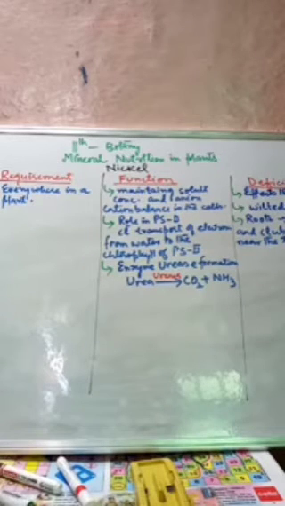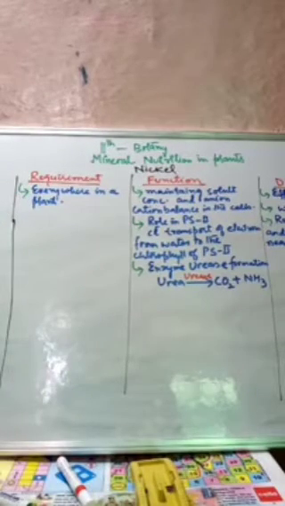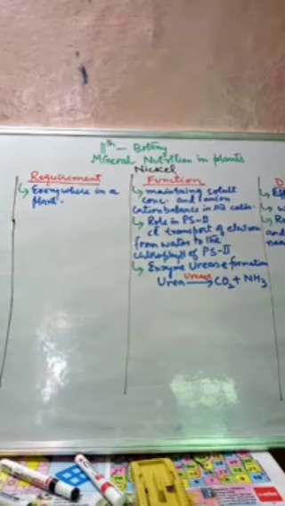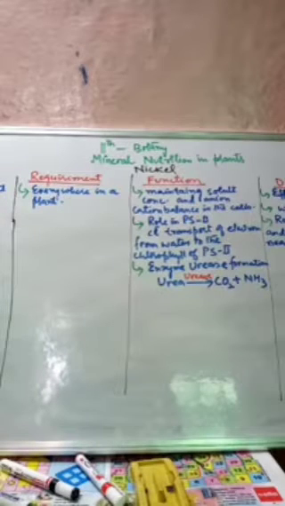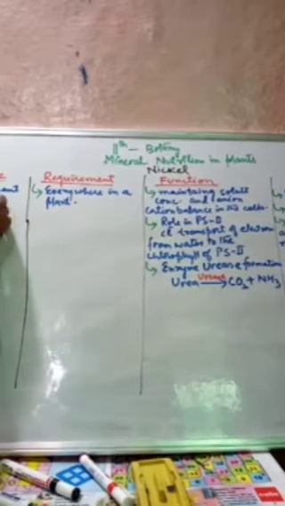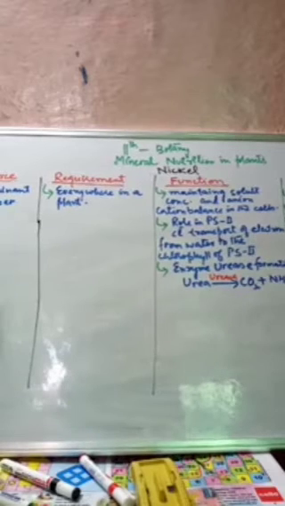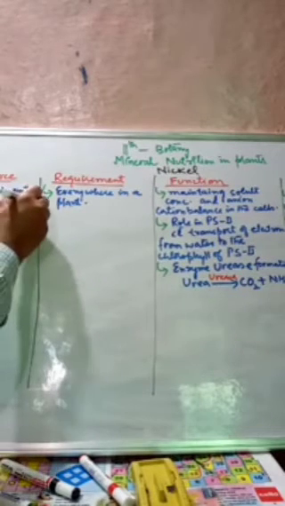If we talk about it, it can be found as a contaminant in fertilizer and in what we call irrigating water.